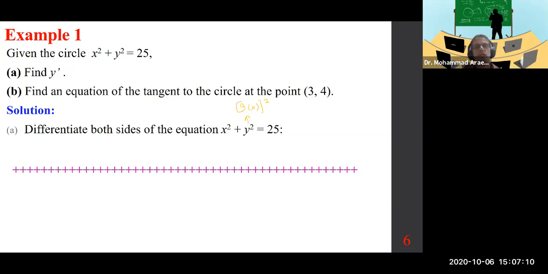So I want to make sure we understand what's happening. When we differentiate g of x squared, we get 2g of x times g prime of x. So it's the same thing. y squared gives us 2y, y prime, or dy/dx. And of course, the number on the right is 0. So let's quickly recap.